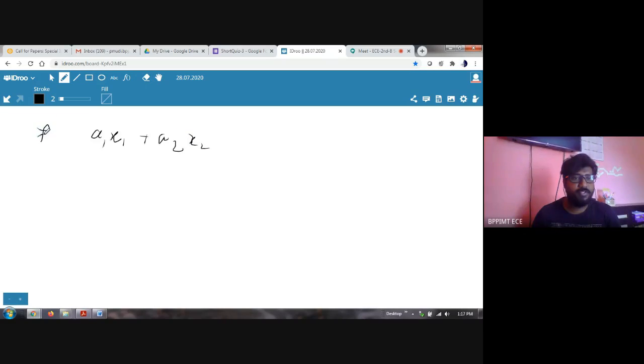Suppose this is your f(x). Any summation f(x), a polynomial function f(x), can be said to be less than or equal to the mod of a1x1 plus the mod of a2x2.